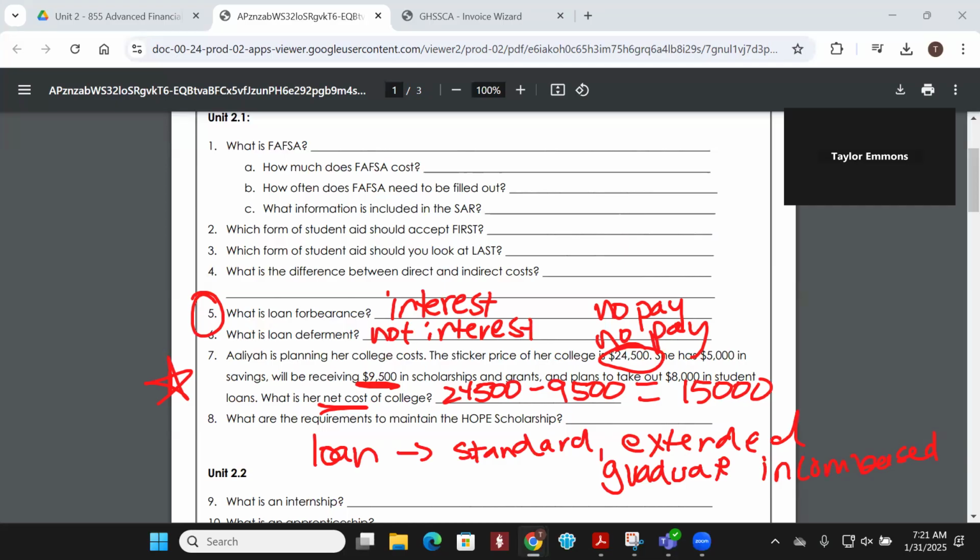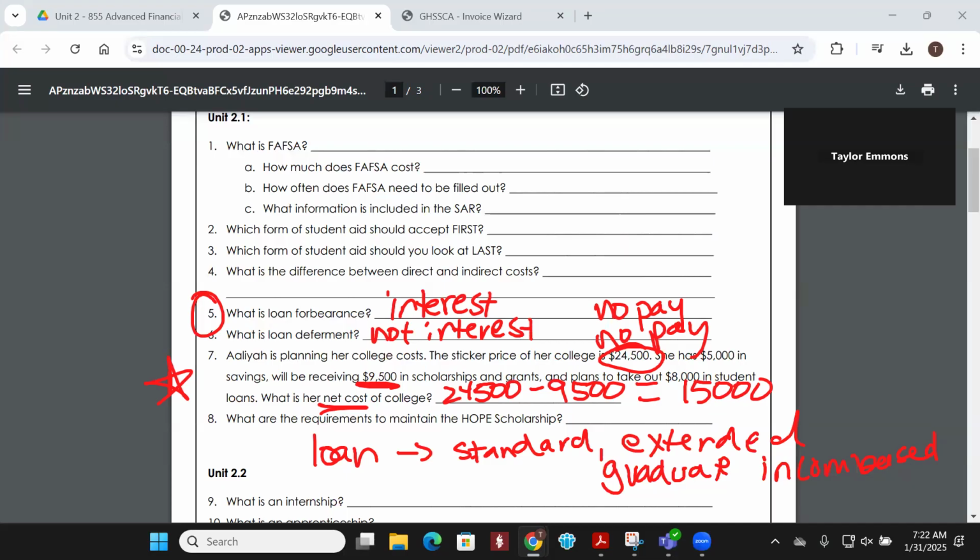A lot of y'all did not get that one right. Standard gives you the least amount of interest. Extended would mean it takes you 25 years. The longer you're making payments, the more interest you're going to pay. Graduated is a little bit longer than standard. And income based is definitely going to have some interest included.